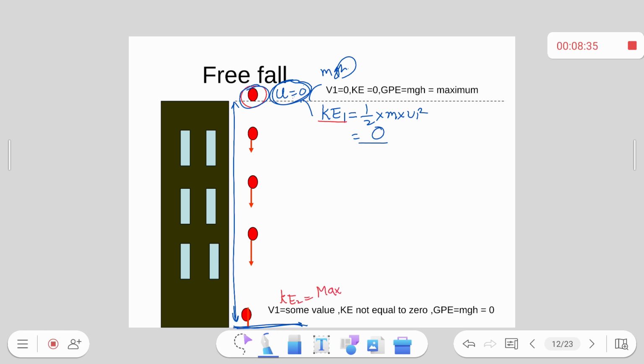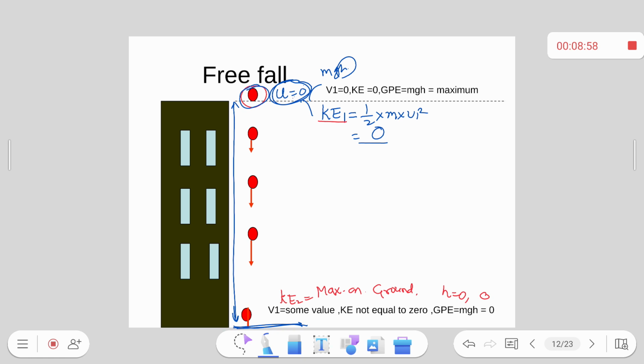Where the height is less, h is 0, that's why the potential energy at ground is always minimum, or it's 0. So how to apply the work energy principle when I drop the ball from the top of the building?